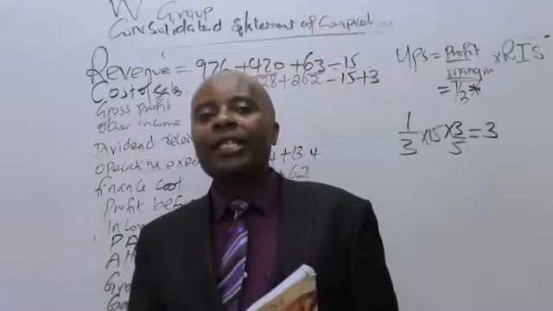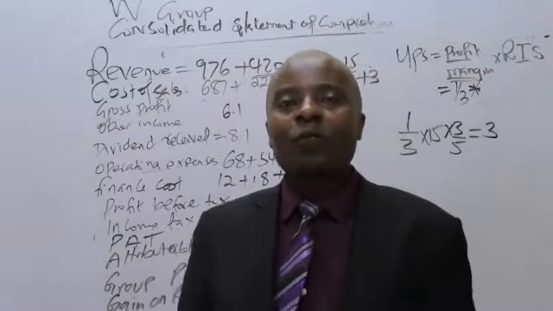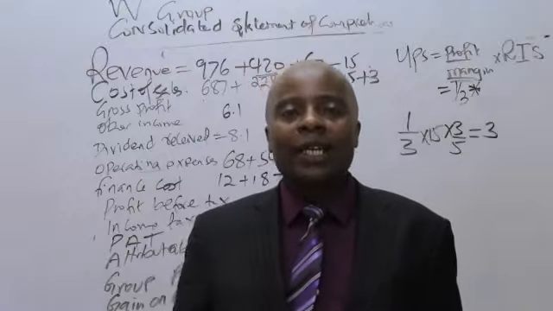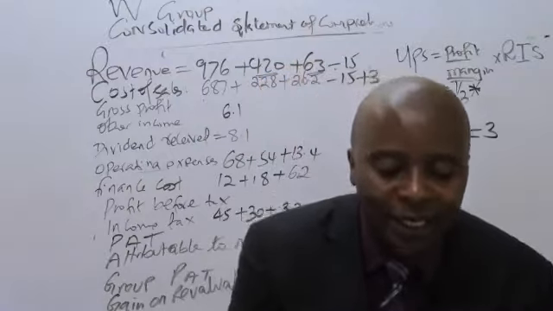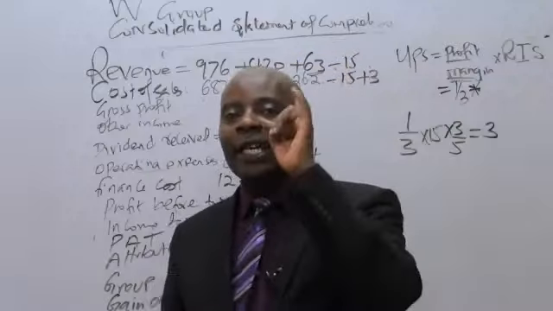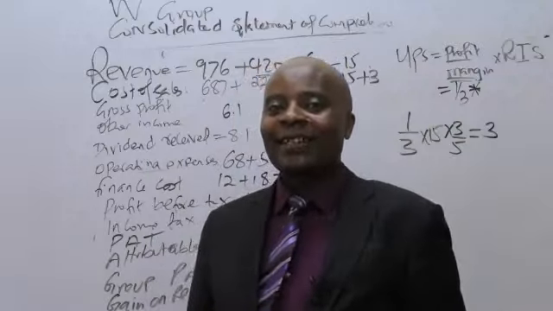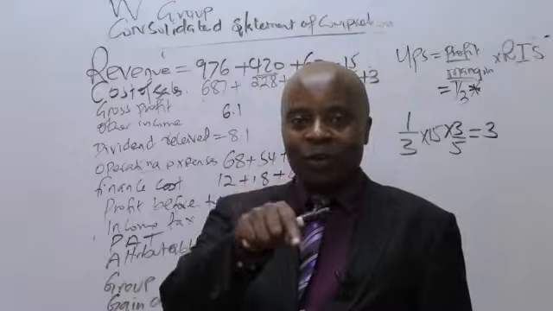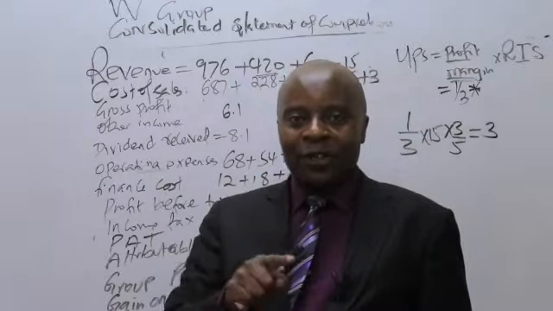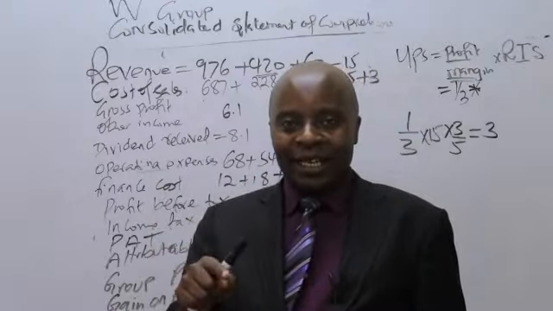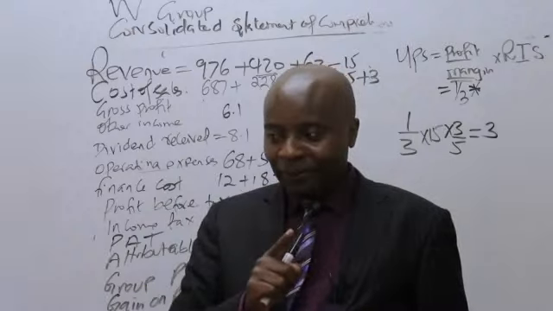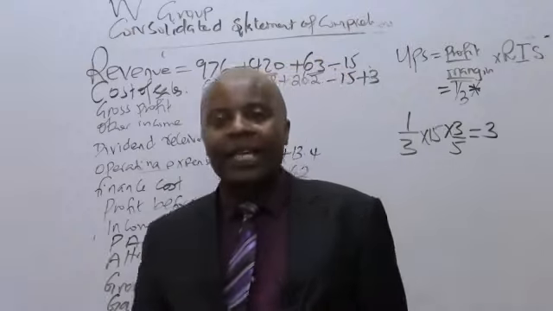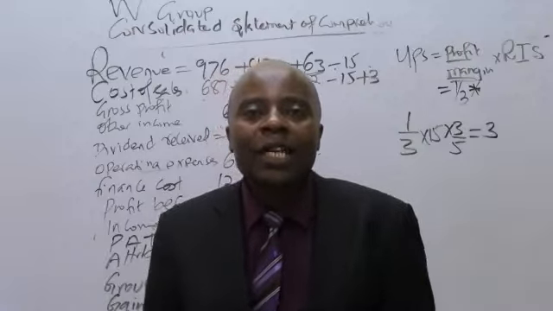So if F declares a dividend of 9 million, W will get 8.1, because W is an owner of 90% of F. So 90% of that 9 declared gives me 8.1. Now the question is, is that 8.1 a genuine dividend?